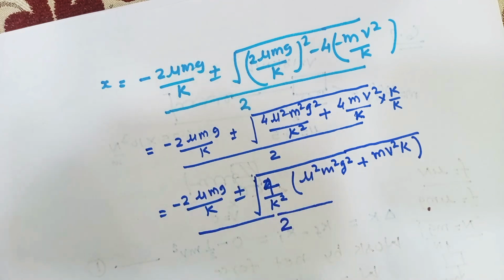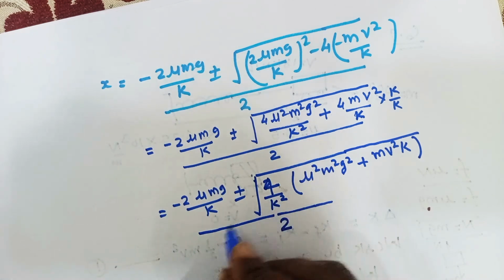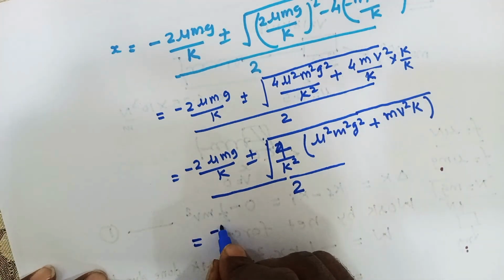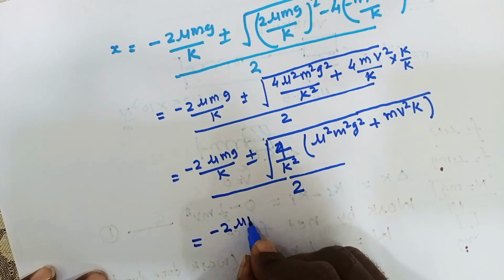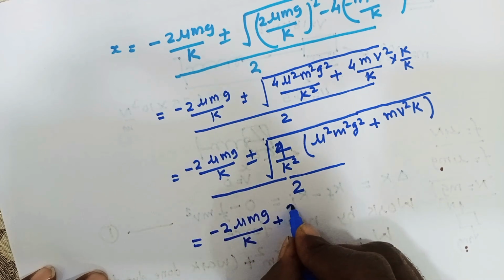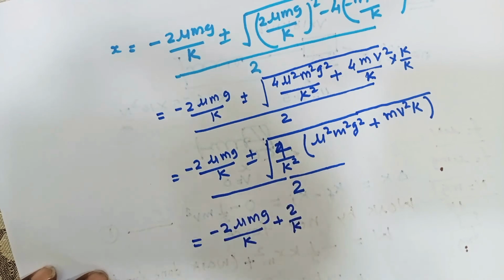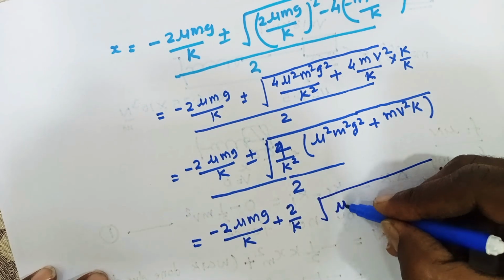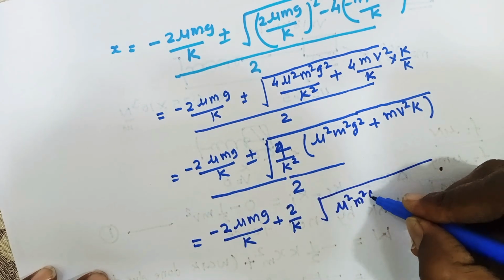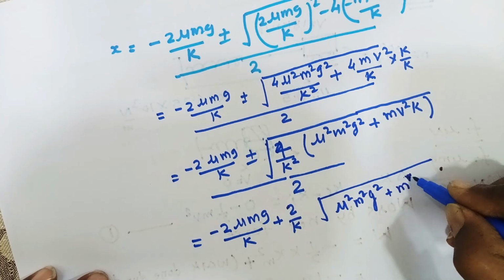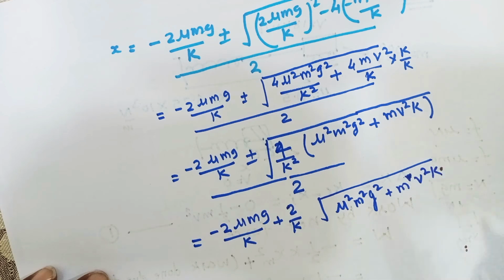So 2, then this 4 by k, out of the sign of the root, minus 2 mu mg by k plus 2 by k, and then we can write root of mu square m square g square plus mv square k by 2.